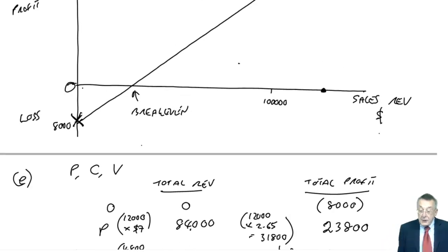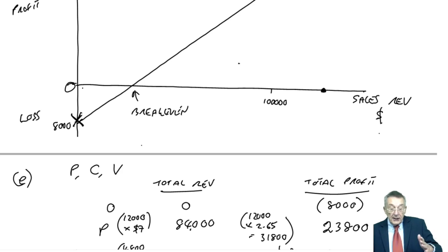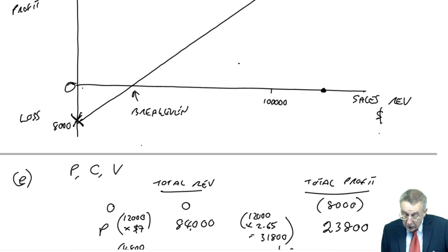If we then started selling P's, then of course we start earning $2.65 contribution per unit. And as the revenue increases from P, so too will the profit, to a maximum of, once we get to 84,000 revenue, the profit will come to 23,800.